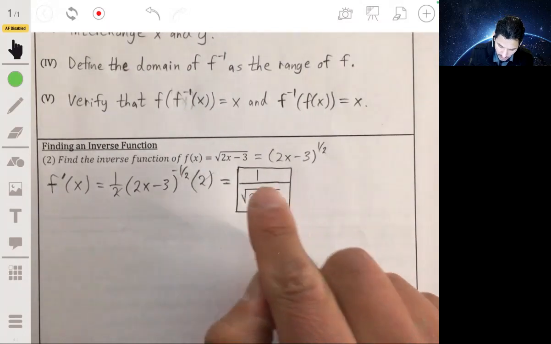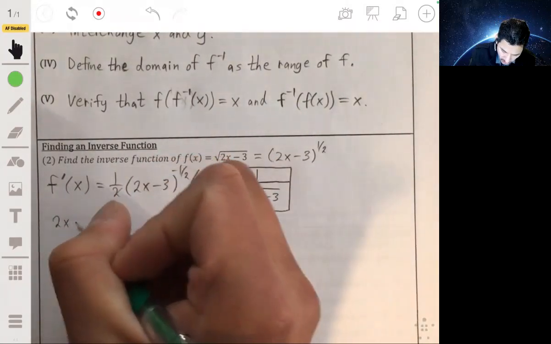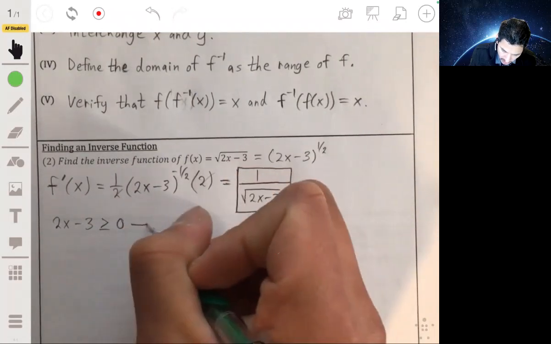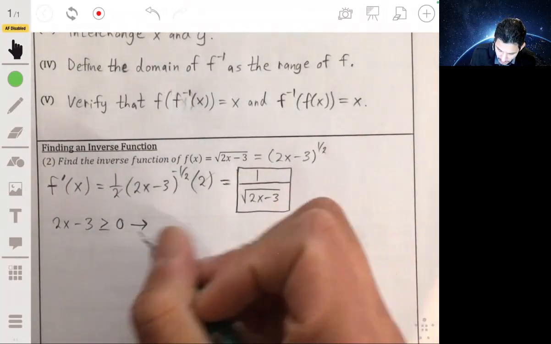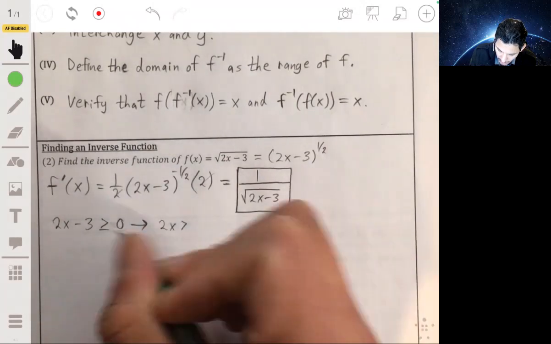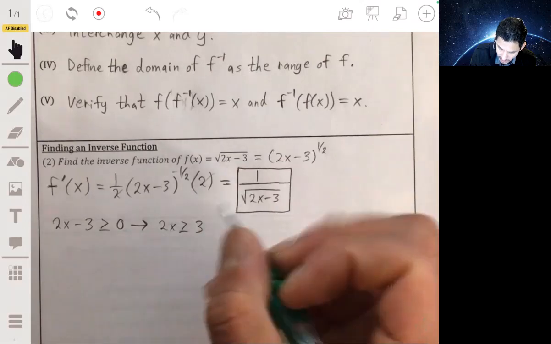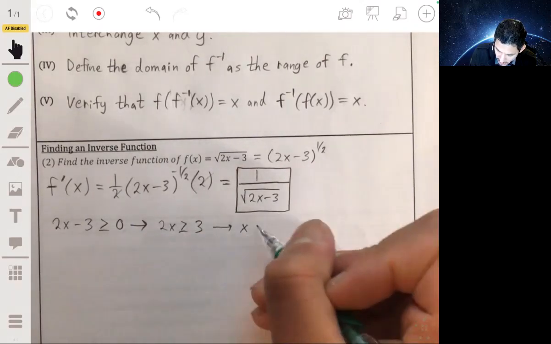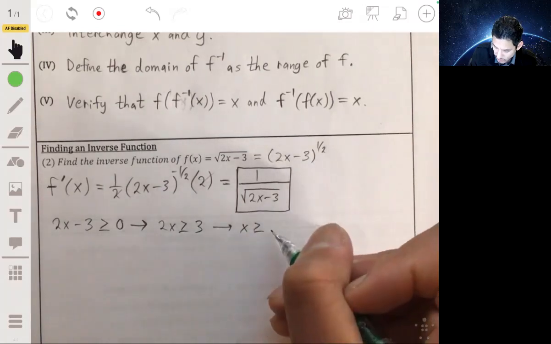So let's make the 2x minus 3 greater than or equal to 0. So going back to your pre-cal days, that means x has to be, after adding the 3 and dividing by 2, x has to be at least 3/2.